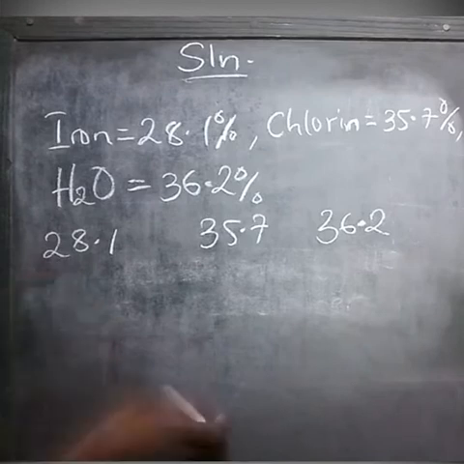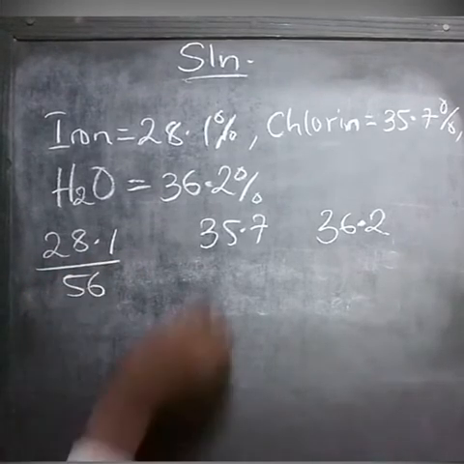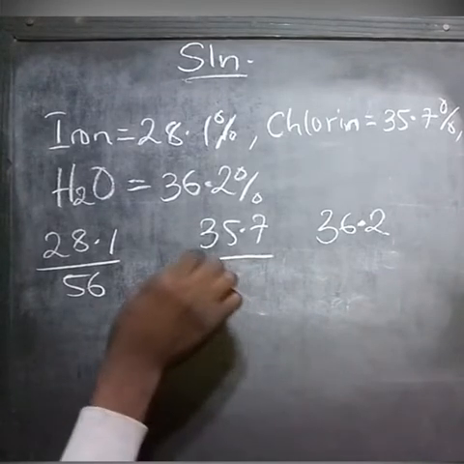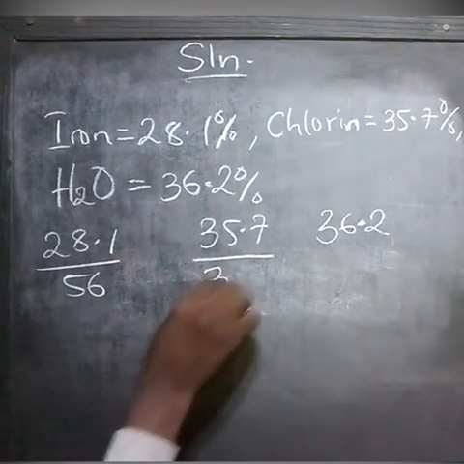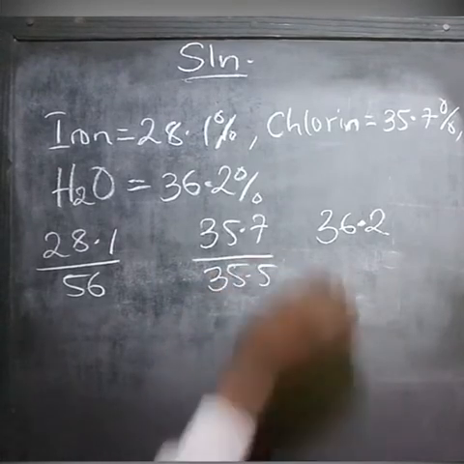So here is iron. Iron has 56. Then chlorine has 35.5.